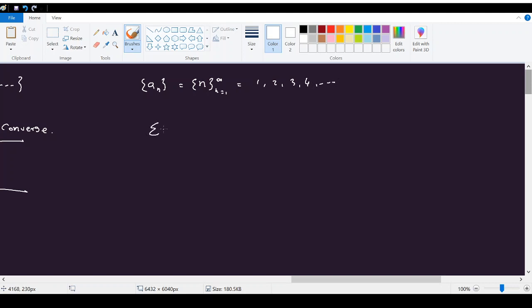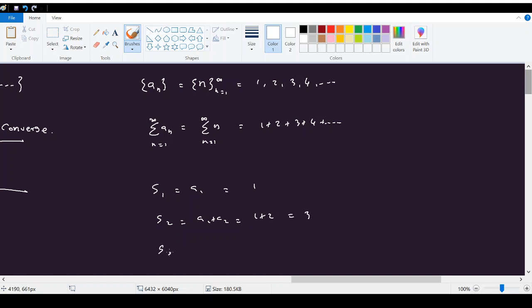And if we construct a series out of this sequence, that means we are adding up all the terms, then you can see that the partial sums will be like this. S2 will be equal to a_1 plus a_2, that is 1 plus 2, which is equal to 3.